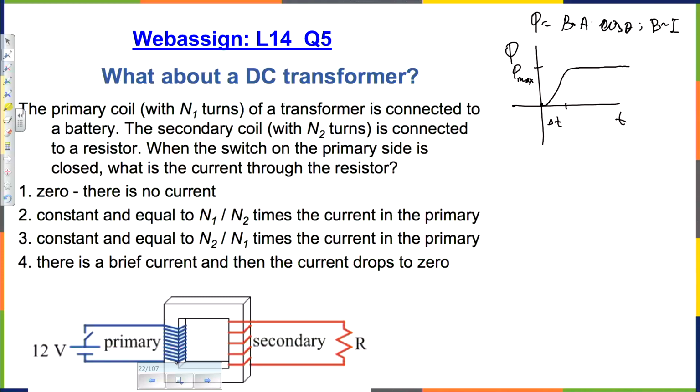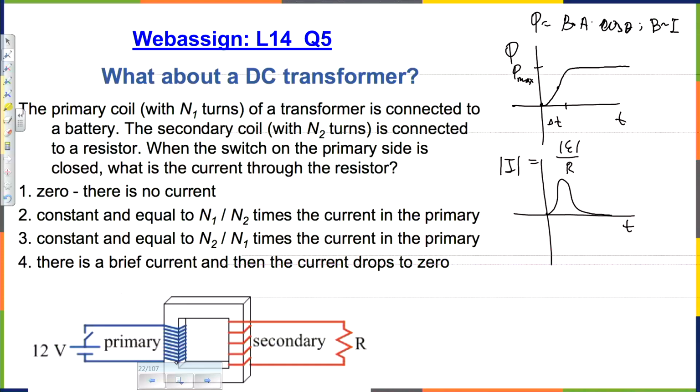And electric current, well, I just want a magnitude. I don't care about plus and minus. Electric current also should have a peak somewhere in between 0 and maximum. But then here the flux stops changing, remains constant.